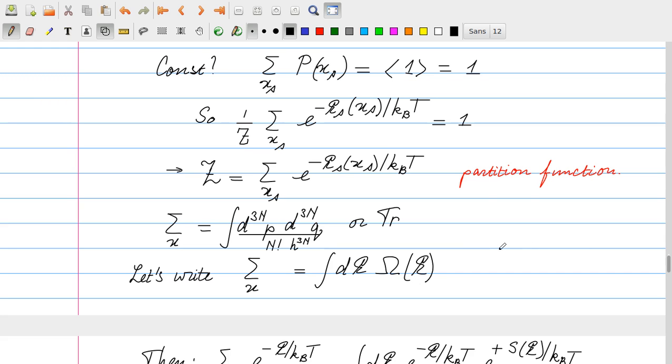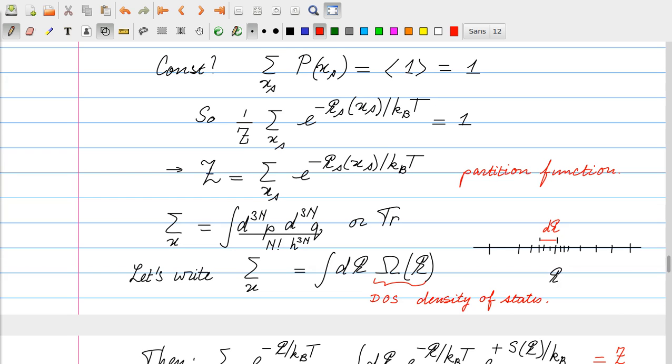And so what you should have in mind, the picture here, is that if I have a sum over x, I have a sum over, for example, some discrete energies, and there may be many energies here, and there may be much fewer energies over there. And so, if I sum over all the states, I could equally well integrate over E, provided that I multiply by the number of states that I can find in each interval dE.